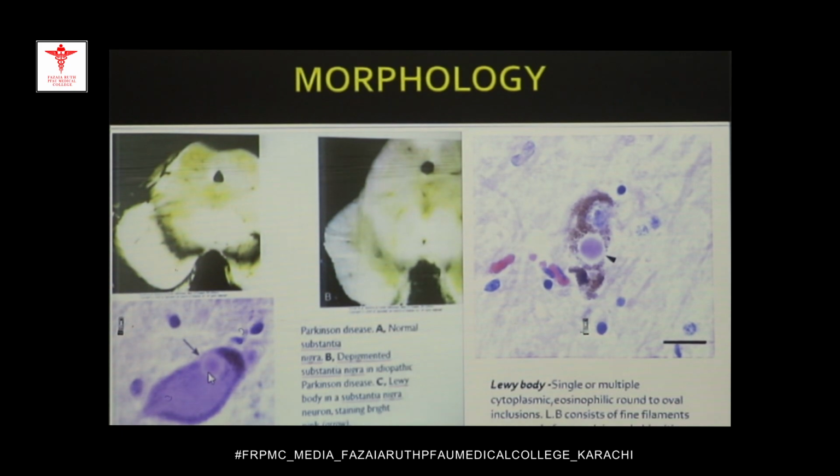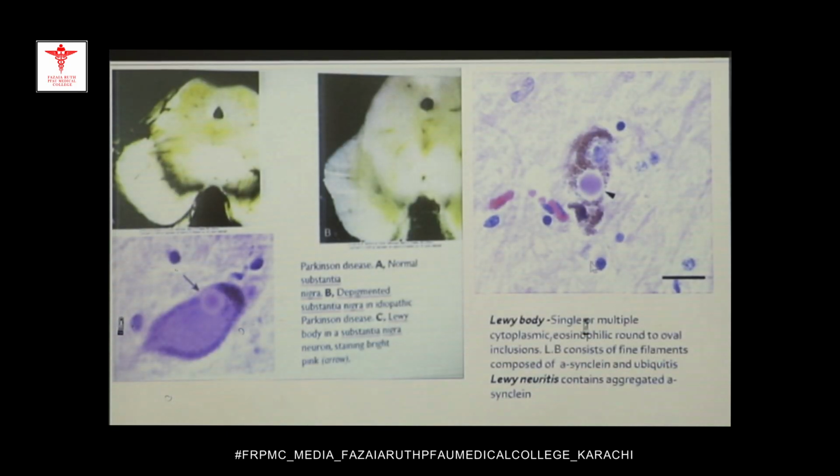Lewy bodies are single or multiple tortuous eosinophilic bodies surrounded by dystrophic neurites. You can see over here as well. These bodies consist of filaments composed of alpha-synuclein and ubiquitin. And dystrophic neurites also contain alpha-synuclein.